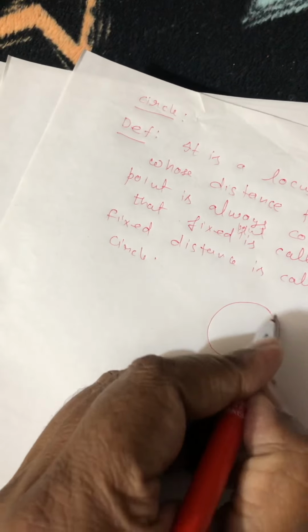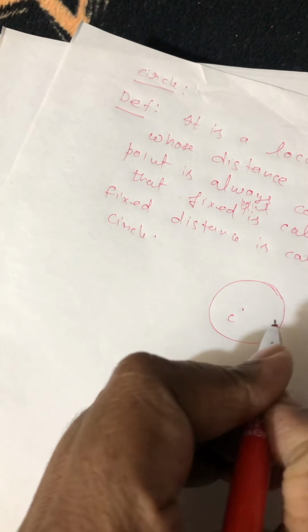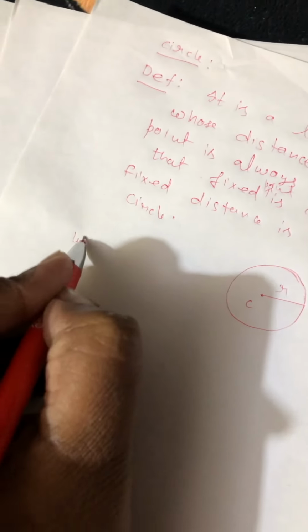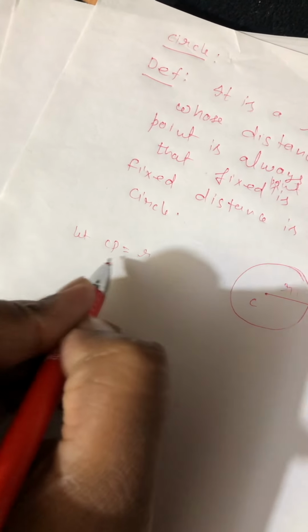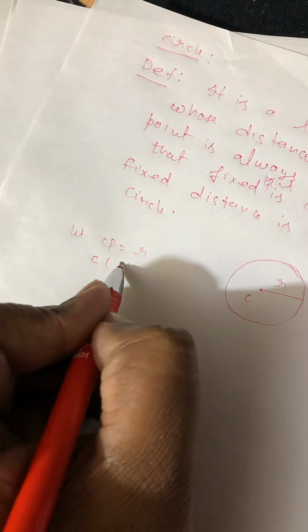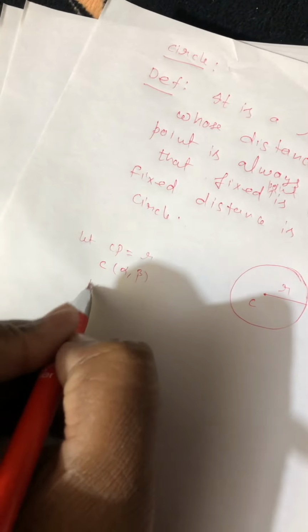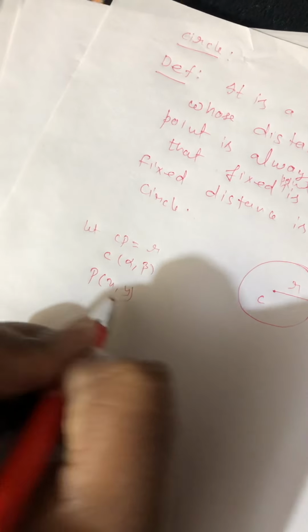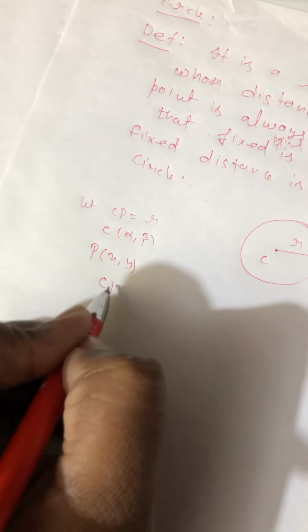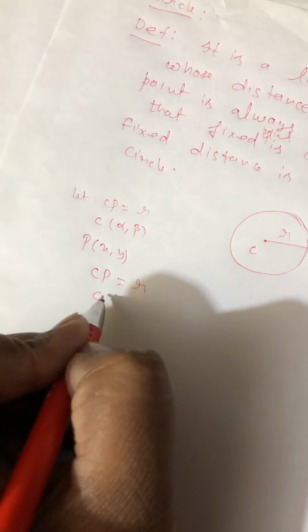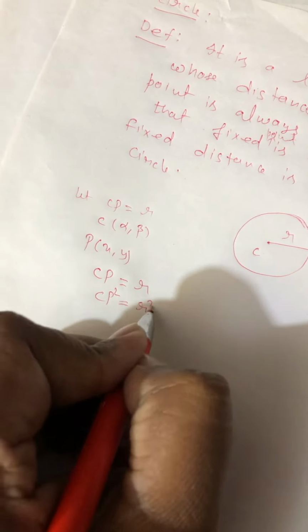So if I consider, according to the definition, this is my fixed point C, and CP is the fixed distance. Let CP be R, and the fixed point C has coordinates alpha comma beta. If I consider the varying point P as x comma y, then by the distance formula CP is equal to R. On squaring both sides, CP square is equal to R square.